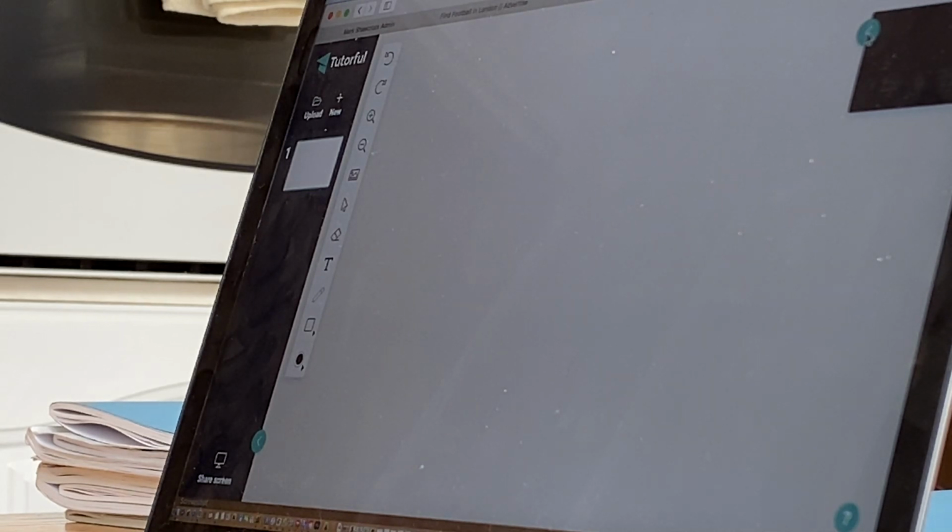So, for instance, if you look at your screen on the Tutorful thing, the little mortarboard hat next to the word Tutorful, you could just describe that as blue, couldn't you? But very specifically, do you think you could get that exact precise colour if you tried? It would be very difficult.